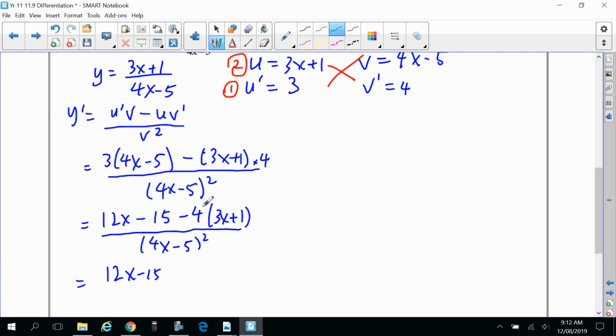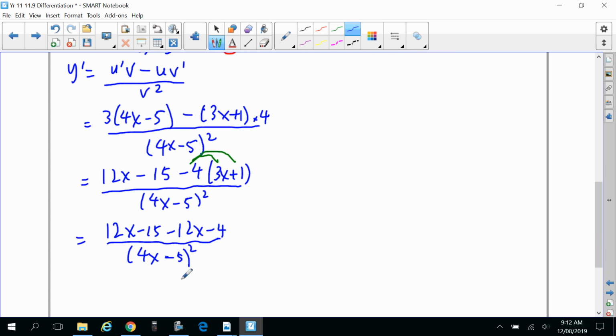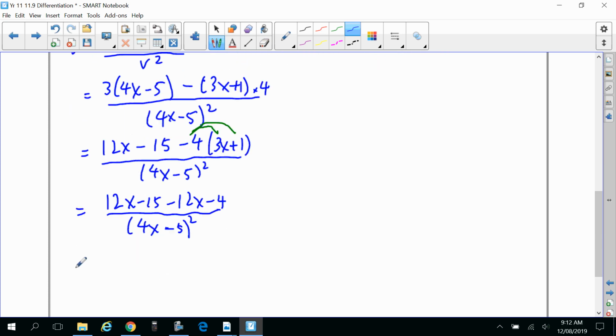The negative 4 needs to be expanded like this, so you get negative 12x minus 4, over (4x - 5) squared. And then you collect like terms. And somehow the 12x gets cancelled. That's okay. And you get negative 19.